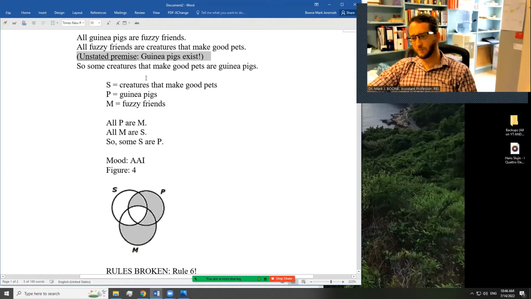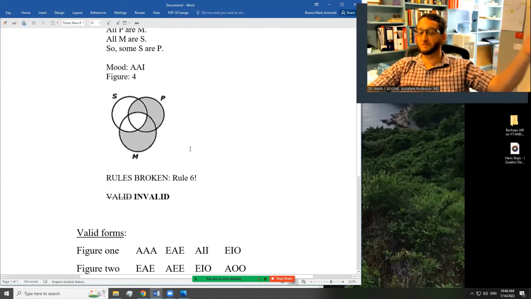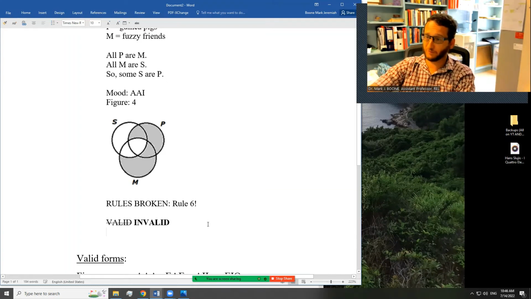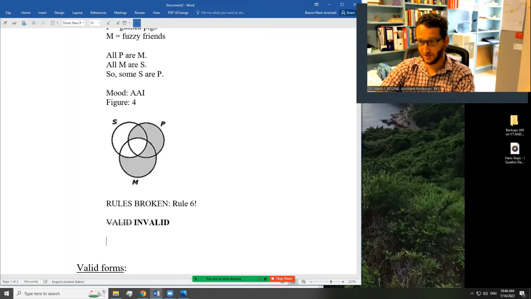So what we could do is we could say the argument's invalid and leave it at that, and we'd be done, and that would be perfectly reasonable behavior for a student in a logic class, where you're almost certainly going to be sticking with the modern approach.